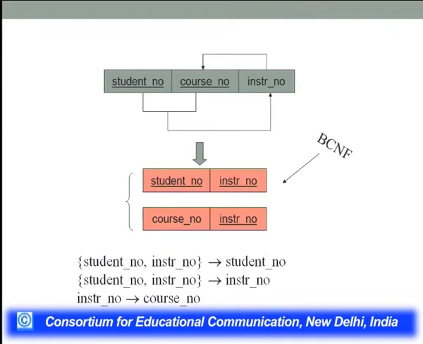So, from this one relation, two relations are created using the Boyce Codd normal form, where we have student number and instructor number in one relation and course number and instructor number in the other relation. Therefore, the non-key attribute is used to create two relations where it becomes a key attribute.